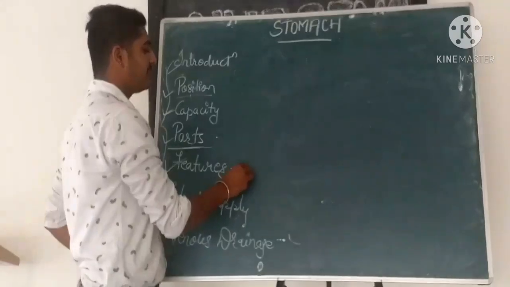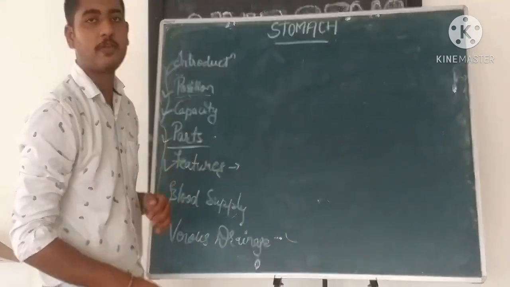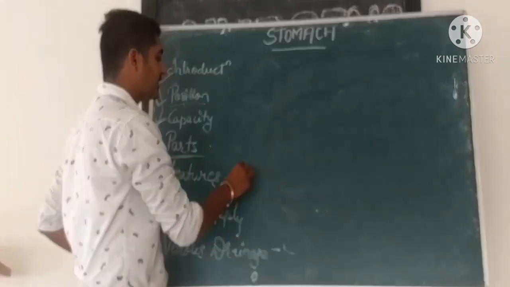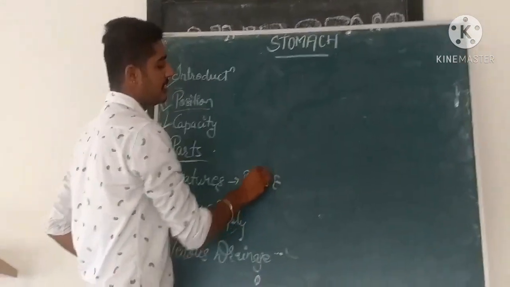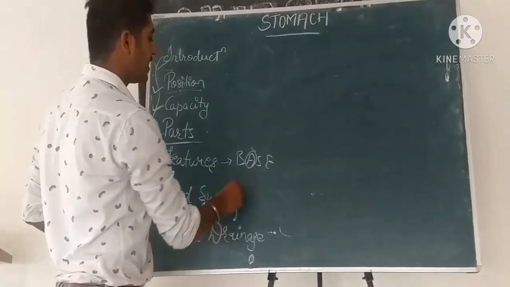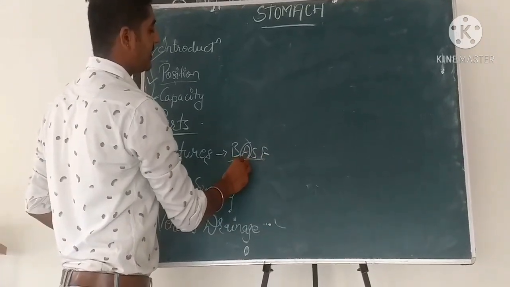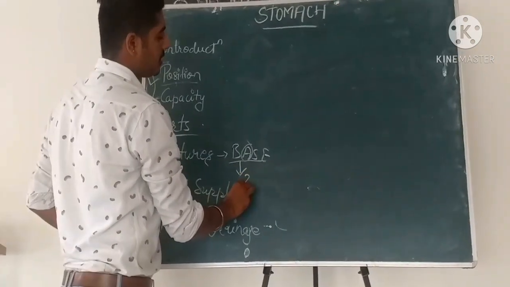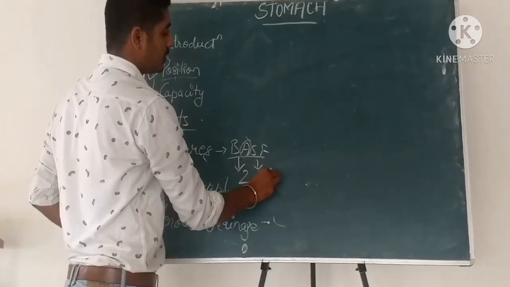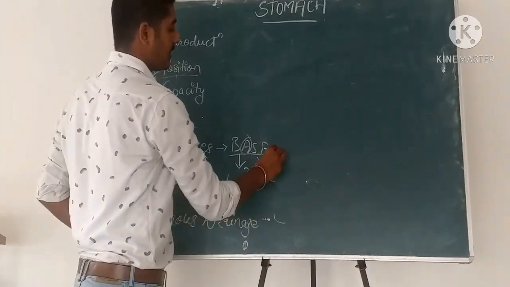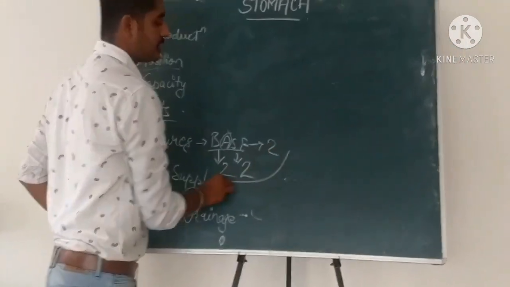For features, we have the same formula as I told you for the spleen, that is BASE. Here only the A, the angle, is not there. The remaining three things we can add: it has two borders, two surfaces, and two ends.